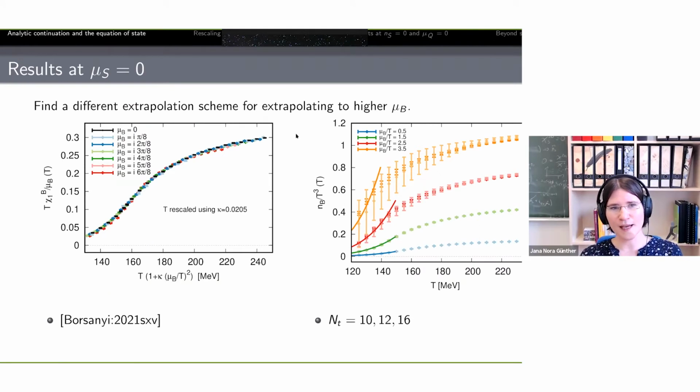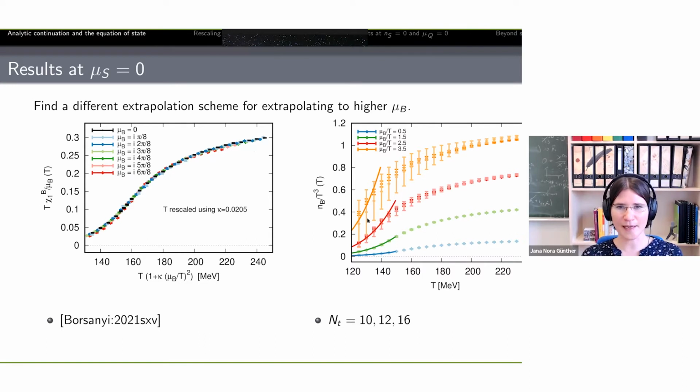So we noticed some behavior in our imaginary chemical potential data. And this is from our paper of last year, where we did our simulations with vanishing strangeness potential. But we noticed that with a very simple rescaling, our curves for certain observables just collapse on each other.